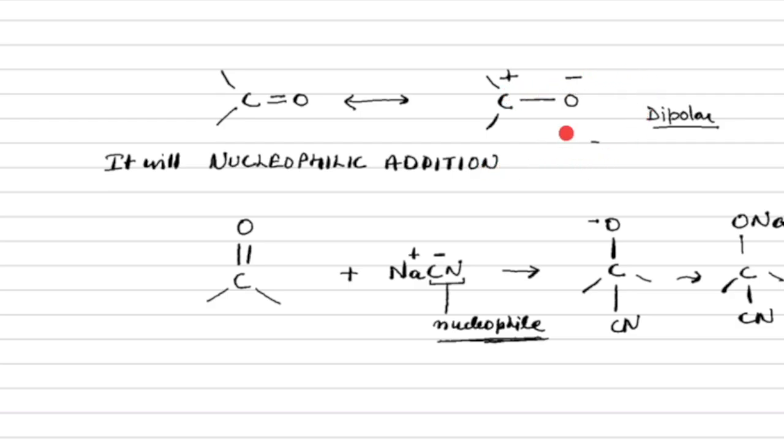Whoever wants positive or whoever wants nucleus can come and add here, right? The electron will come and be added here, and it will create a bond here. And that's how the addition is happening. So the nucleophilic addition will take place in case of aldehydes.